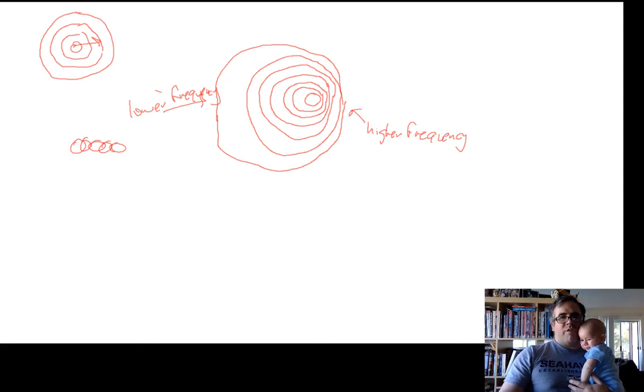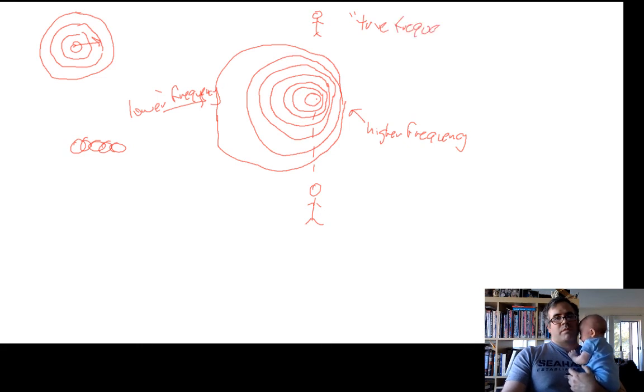Key thing to remember: if you're exactly perpendicular to the moving object at the point we're interested in, so if you are here or here, you get the true frequency, which is the frequency that the object thinks it's emitting.